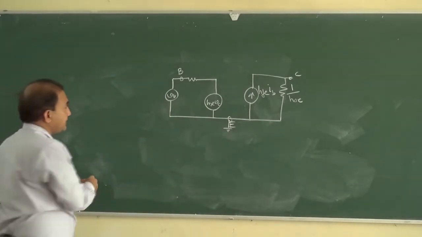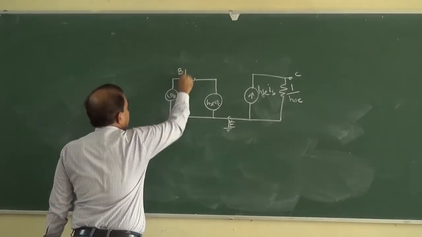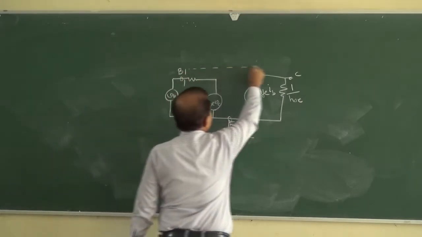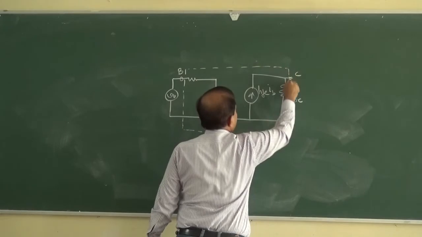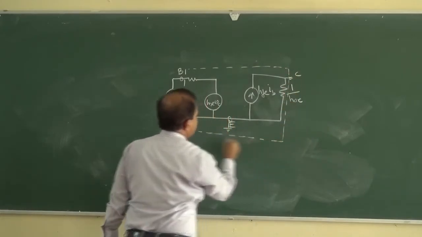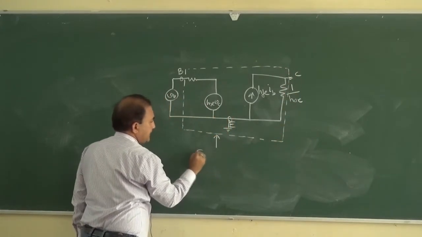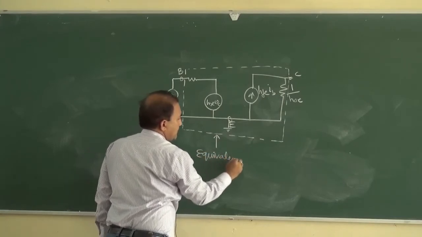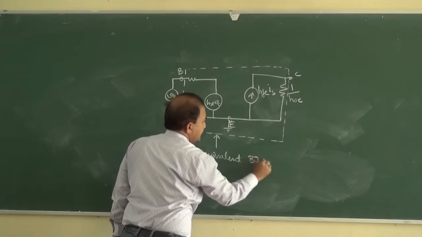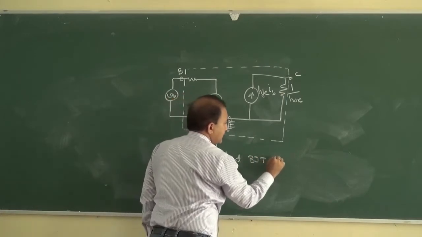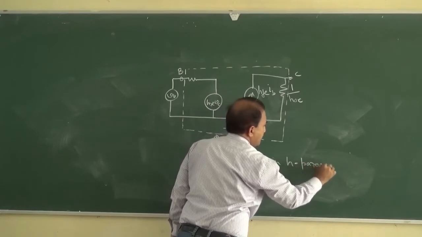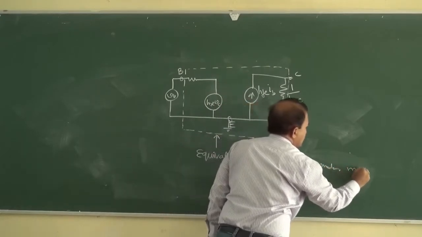So for a BJT, this is the equivalent BJT in the H parameter model.